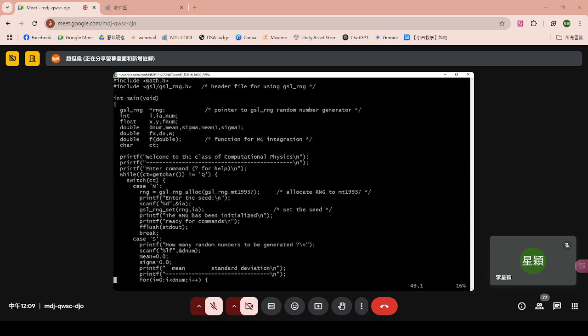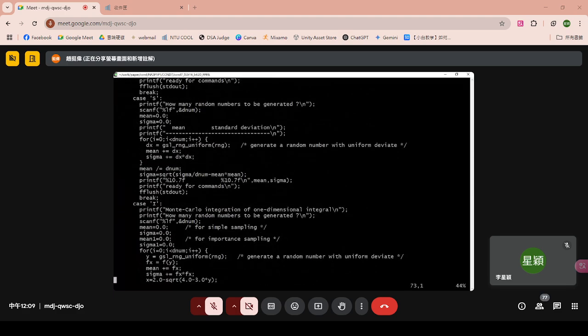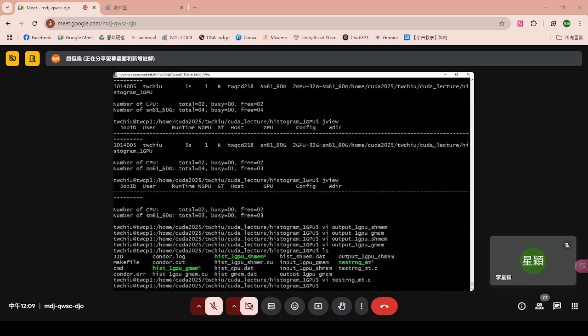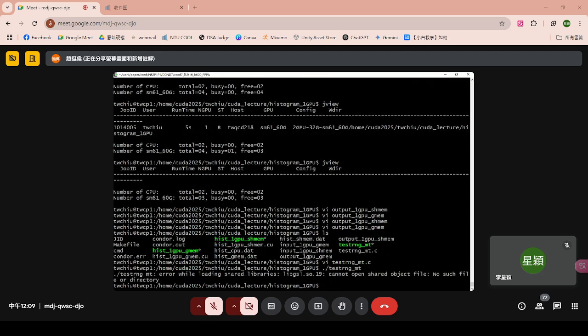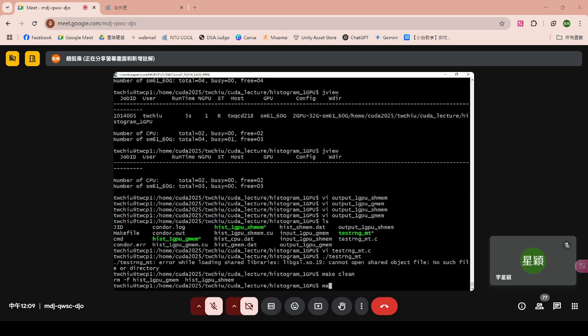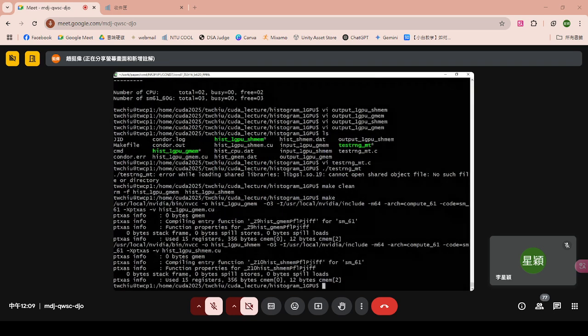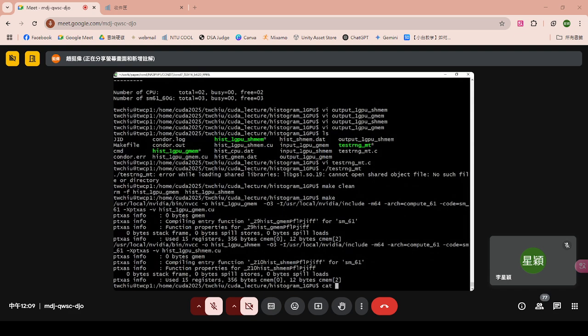This is the one I used, the MT19937 random number generator, and try to do some simple tests first.